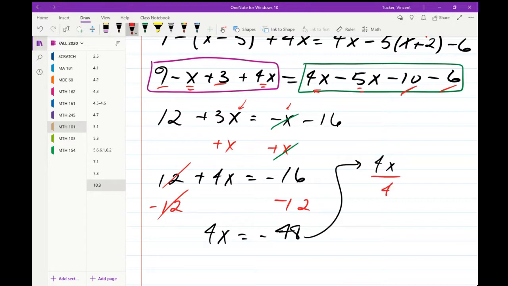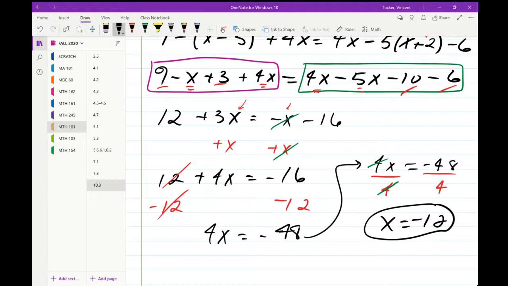Divide by 4. The fours cancel on the left, but on the right you have negative 12 as an answer. I put 48. It's supposed to be 28, isn't it? Put that 48 strong. So it should be a 7. Negative 7 for the answer.